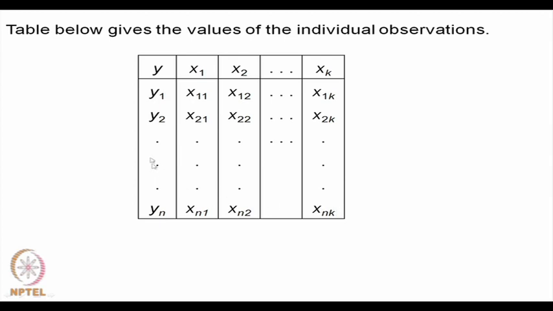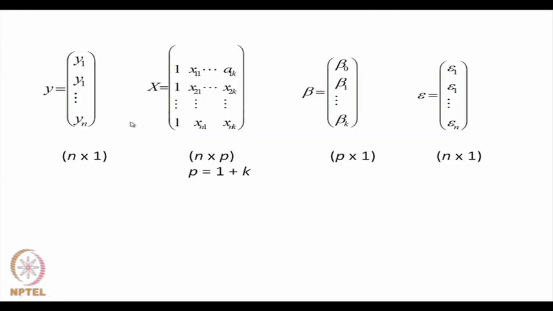So, what I am now saying is that these constitute a column vector y, and this and a one vector will constitute the matrix capital X. Now, this is shown here.